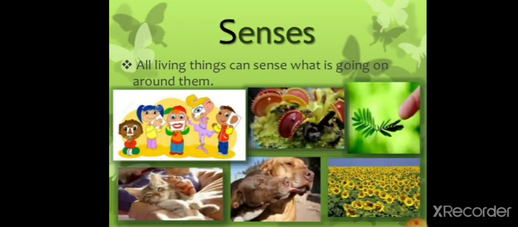Let's move ahead. S stands for sensitivity. So all those things who can sense what is going on around them, in the atmosphere, in their surroundings, are living. You might have been going to the malls. Over there is an elevator. But that elevator is not always on.